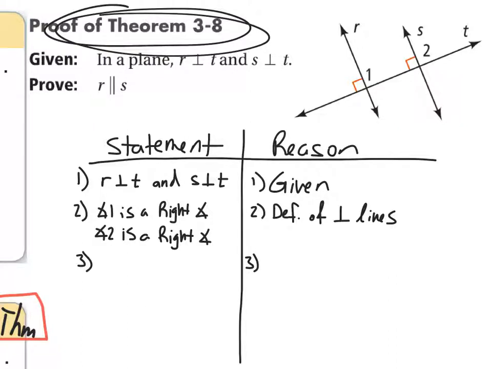Okay, well, I know I have 2 right angles. So then what do I know about those? I know that right angles are congruent. I know angle 1 is congruent to angle 2.